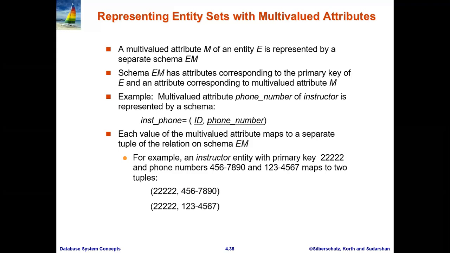Example, instructor entity with primary key 22222 and two phone numbers 4567890 and 1234567 maps to two separate tuples: 22222 comma 4567890 as a single row and 22222 comma 1234567 as another row.